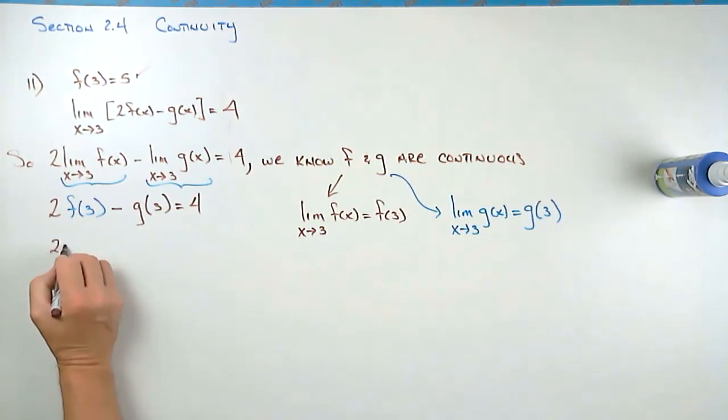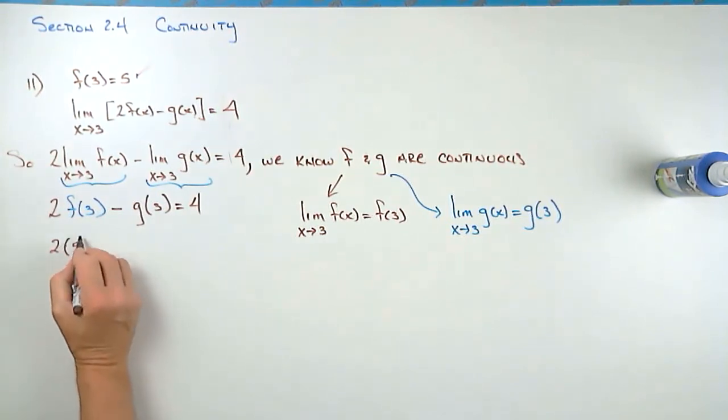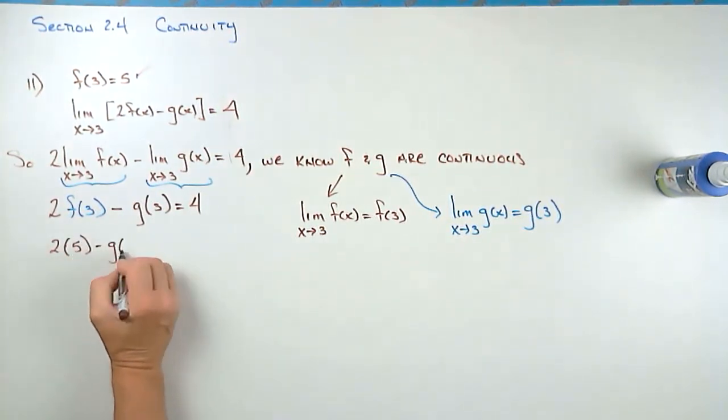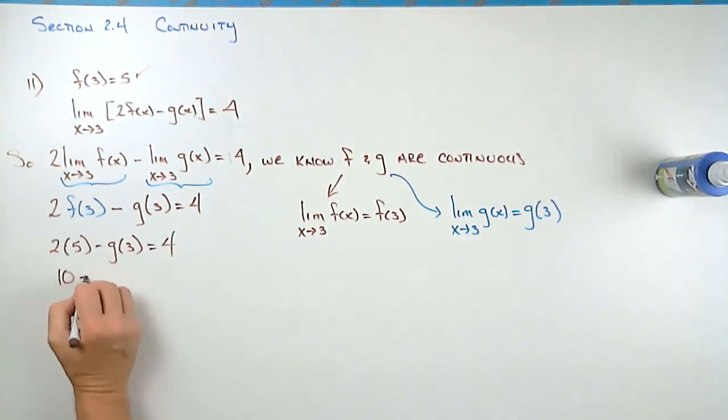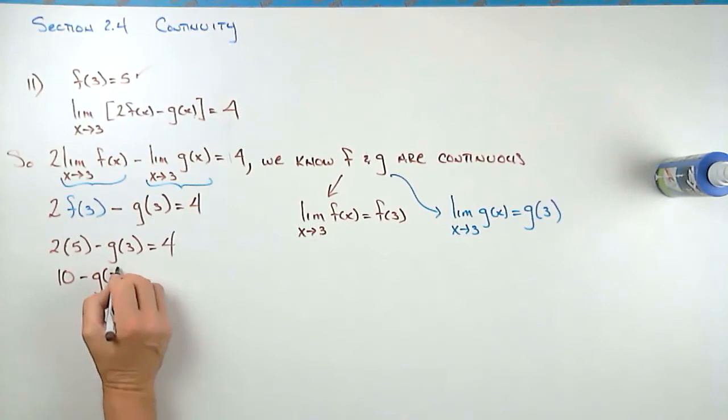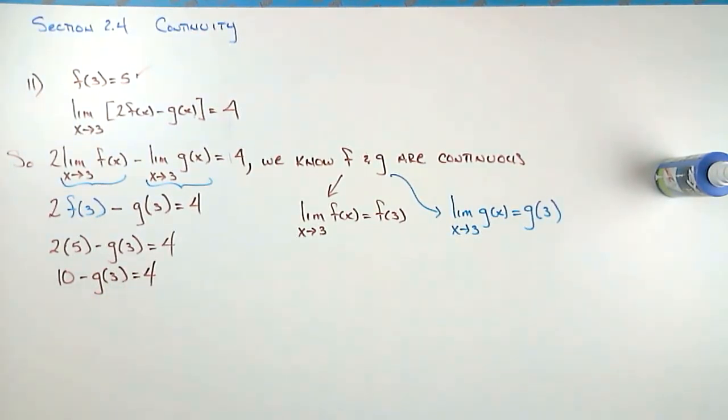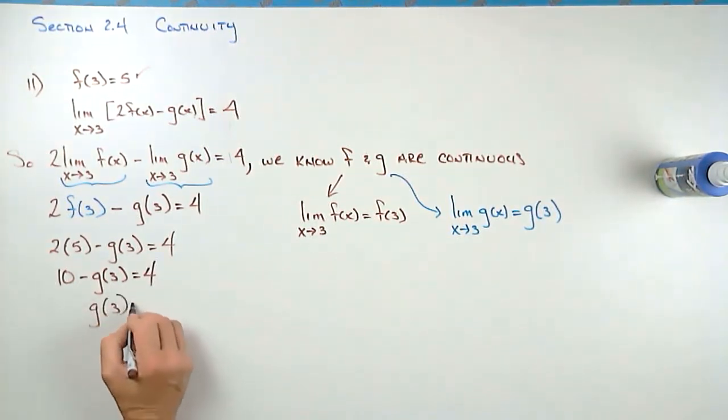So this becomes 2 times 5 minus g of 3 equals 4, or 10 minus g of 3 equals 4. And so g of 3 equals 6.